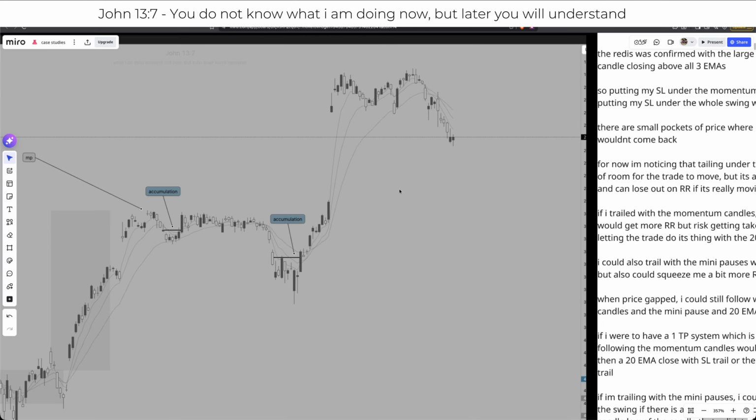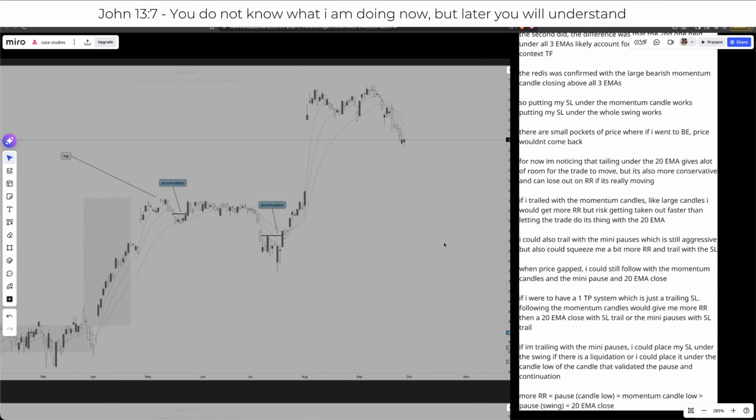So looking at this example right here, if I had a pause candle low, this would give me the same amount as a momentum candle low.